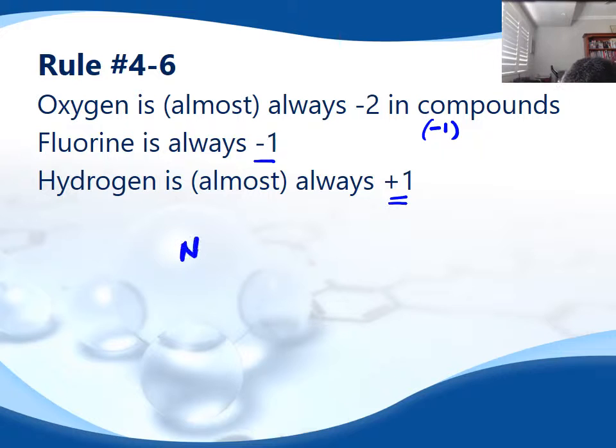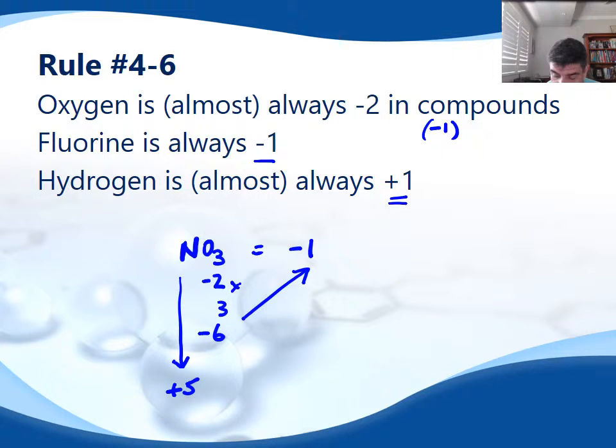So if we go back to our nitrate ion, which was -1, and we assume that the oxygen is -2, then we have 3 of those for -6. Because we want an overall charge of -1, then the nitrogen must be +5. +5 minus 6 is -1.